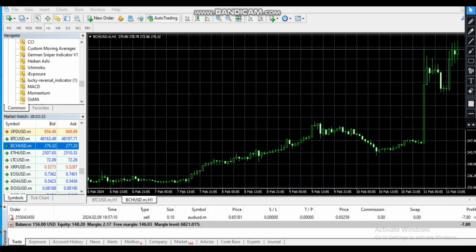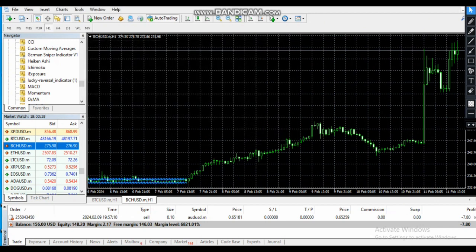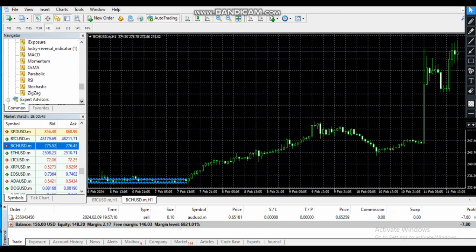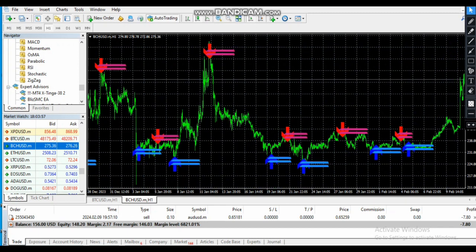Okay, and we drag our indicator, and then let's minimize it. As you can see, I think you can see everything here.